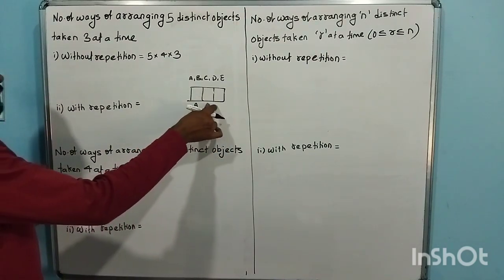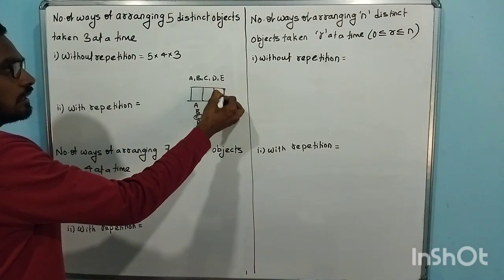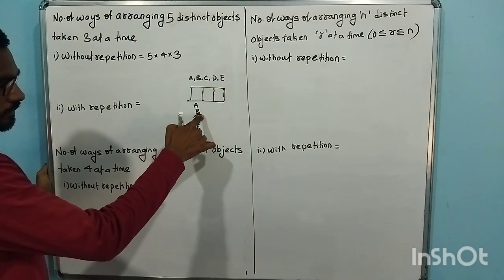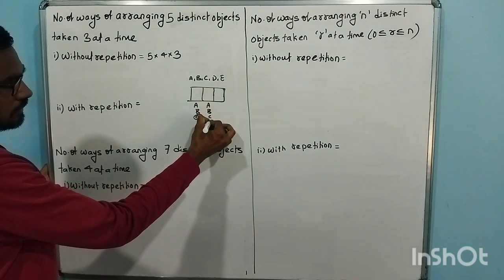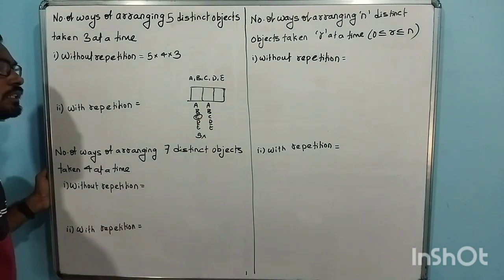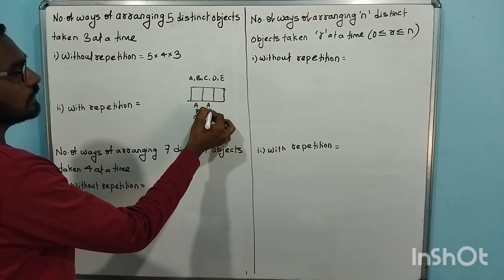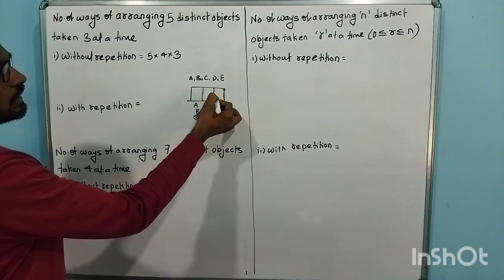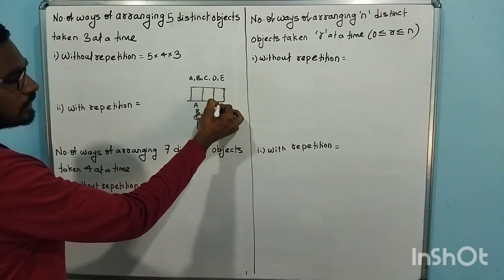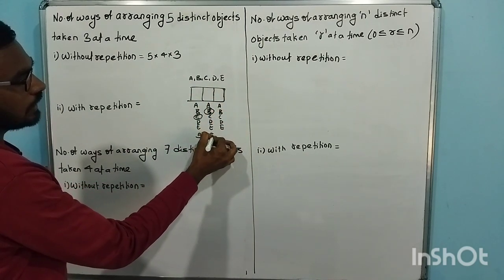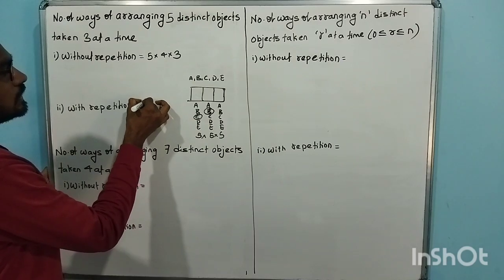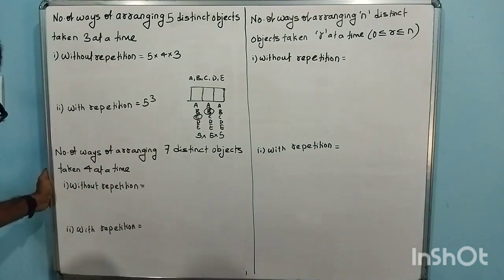Then for the second place, again there are 5 choices because we can select this for the second place as well. Again for the third place, there are 5 choices. For example, if I select this, we can select this for the third place as well, or I can select any other also. So 5, 5, 5, so 5 raised to 3.